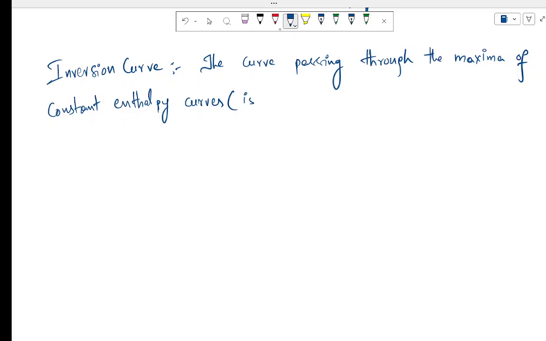These constant enthalpy curves are also called isenthalps, as we have just seen. So the curve passing through the maxima of constant enthalpy curves is called the inversion curve.